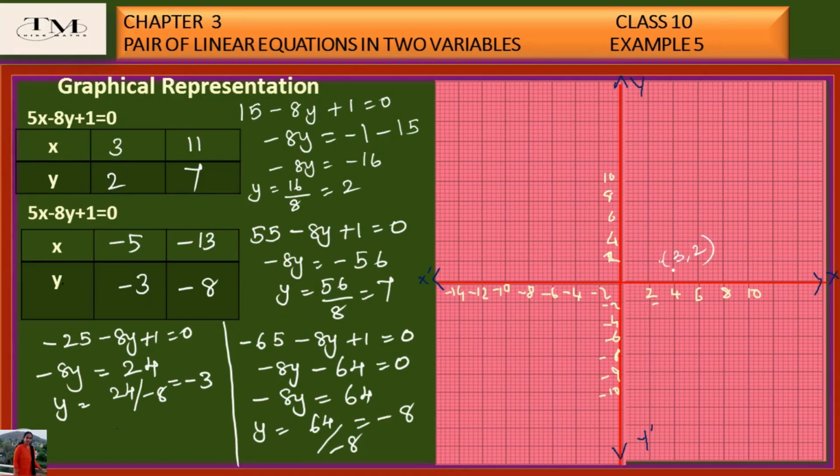Next is 11, 7. So 11 comes in between, this is 12, so 11 comes between here. For 11, 7, 7 comes between 6 and 8. So this is 11, 7. The next value is minus 5, minus 3. Before that, we will join this line.